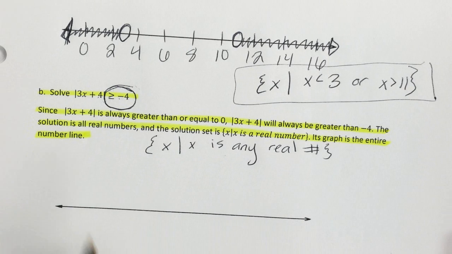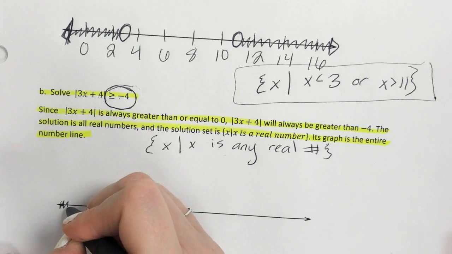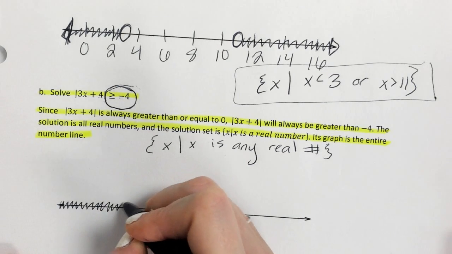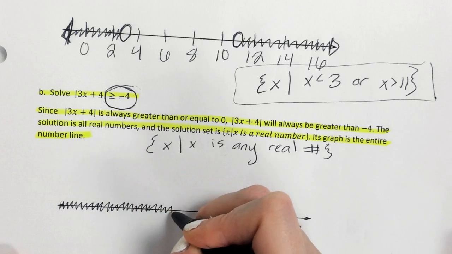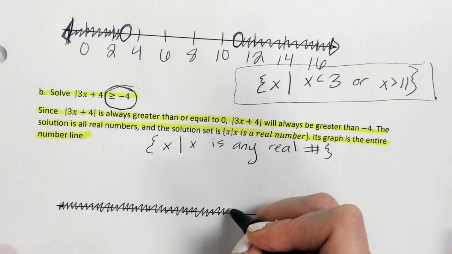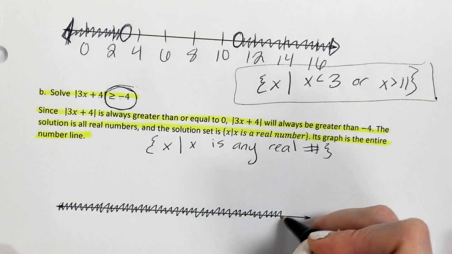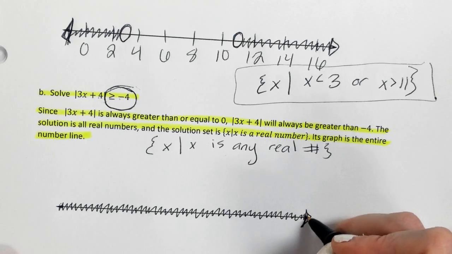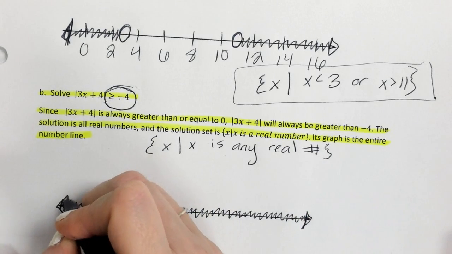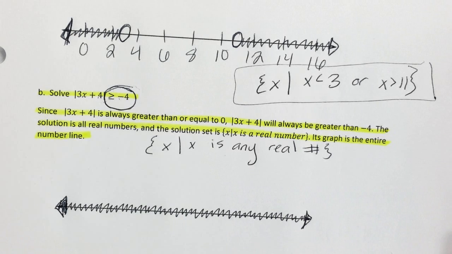Okay, do y'all know how to do the number line for this? The whole thing, yeah. This was actually on your quiz yesterday. I'm not going to take off if you didn't know how to do the number line for this, because we haven't really talked about it. But you do actually just shade the whole thing, because it can be anything.